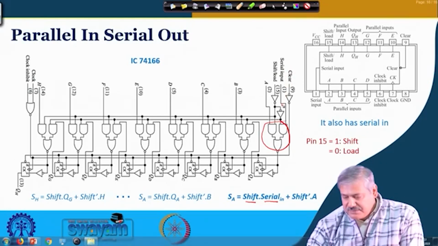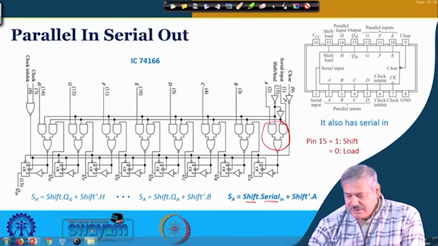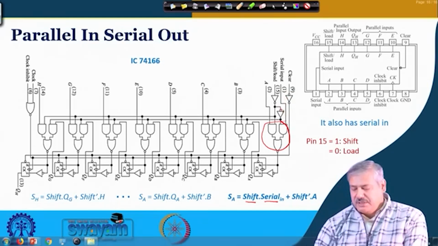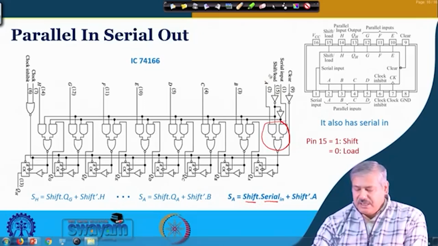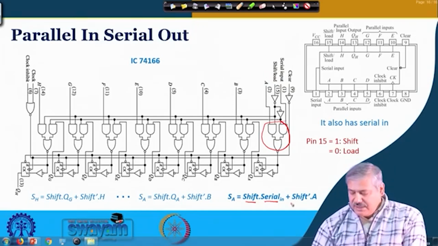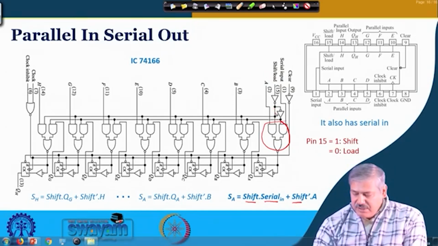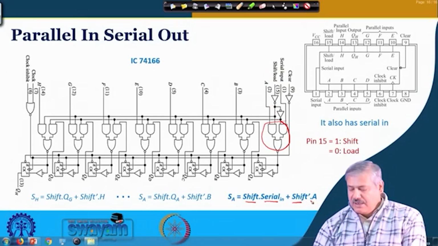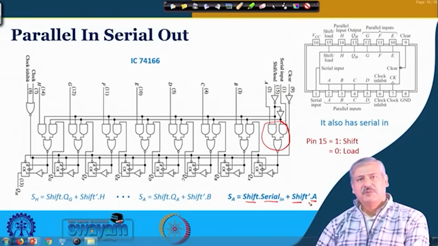This is your serial in, okay. Do you get it? So shift here ANDed with serial in, I consider this is shift, forget about the load part of it, okay. And then shift prime, this is coming over here through the inverter, ANDed with A, that part is understood, okay.